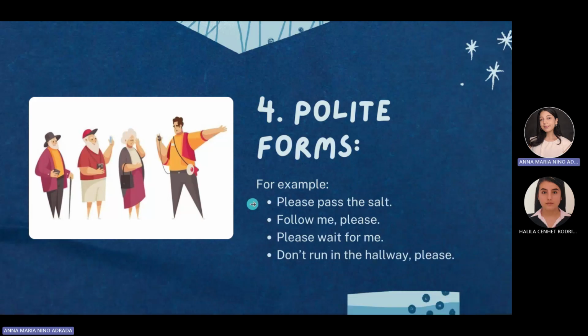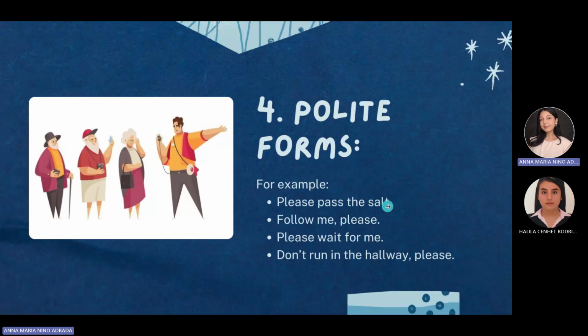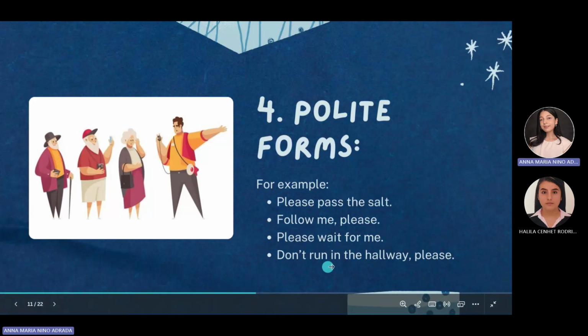So you can say, please pass the salt, or follow me, please, which is probably what this gentleman is saying, or please wait for me, or don't run in the hallway, please. Again, these are interchangeable. So you can also say, pass the salt, please, or please follow me, wait for me, please, or please don't run in the hallway. You can put them either way.